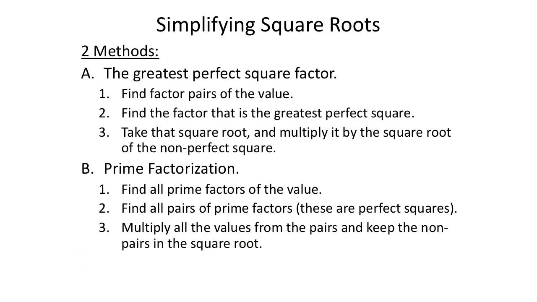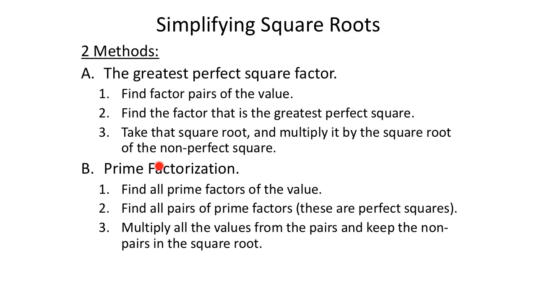So that was one of our methods, is just to find the greatest perfect square factor, the greatest perfect square as a factor, you could say. So you just find factor pairs of the value, you find the factor pair that is the greatest perfect square, and then you take the square root of it, okay? Now, in the square root of 196, both of them were perfect squares, but if one of them is not, you just keep it in the square root.